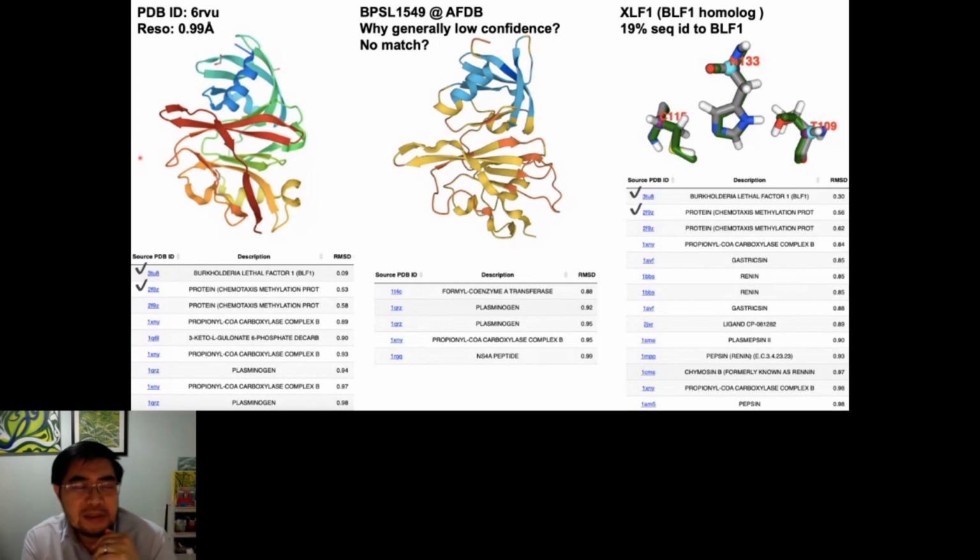So using the sequence of BLF1, the AlphaFold pipeline that is being used by EBI actually came up with this structure. And in general, it has a low confidence. And as you can see from the Sprite search, it's quite different from the actual experimental structure.